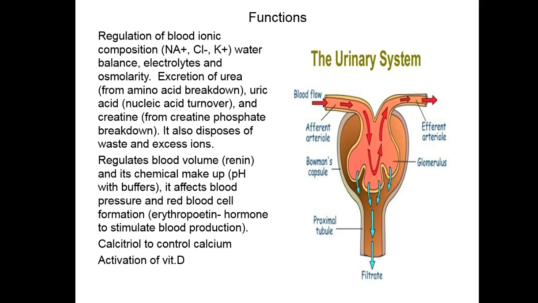It regulates blood volume, along with other systems. It's not the only system that does that, with the help of a hormone called renin, and we'll talk about renin later. The pH of blood remains within a very, very narrow window, with the help of the fact that urine can excrete hydrogen ions.